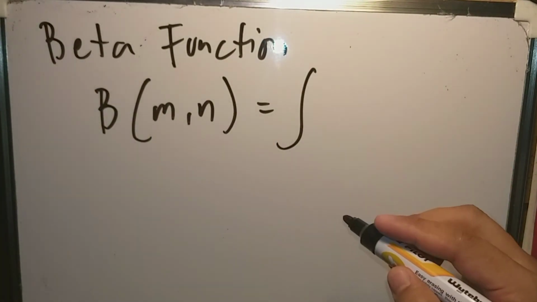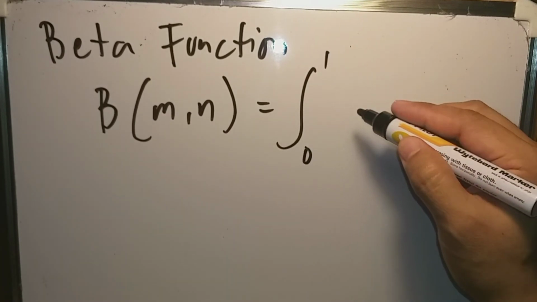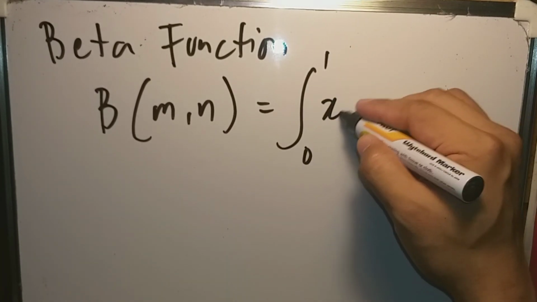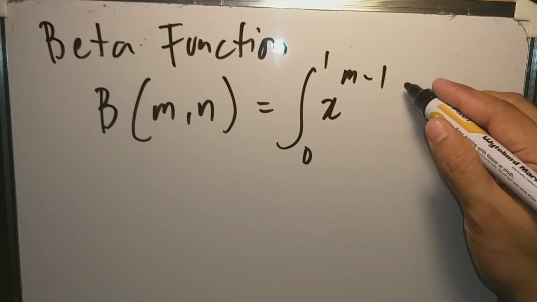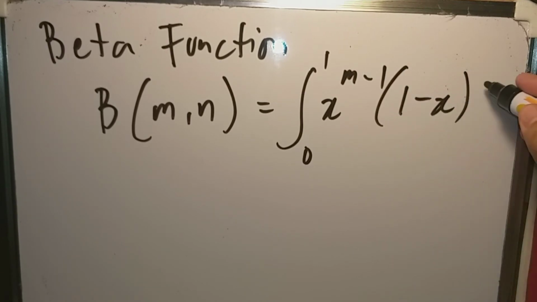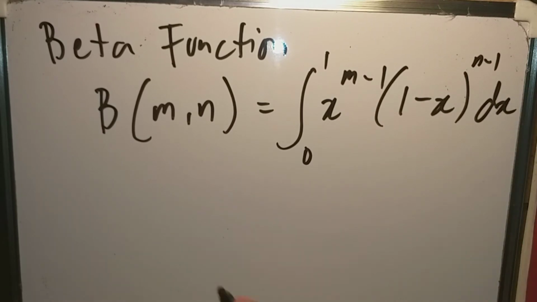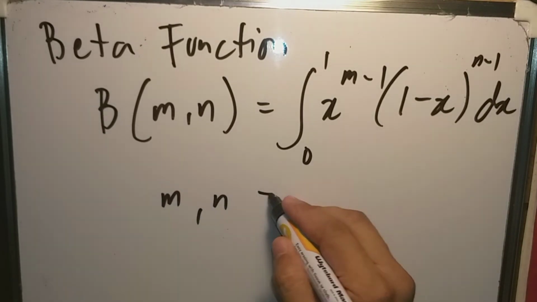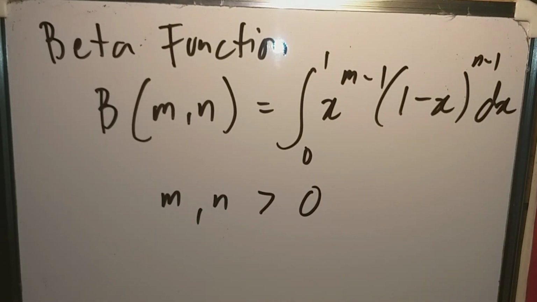So we have the integral from 0 to 1 of x to the m minus 1 times 1 minus x to the n minus 1 dx, where m and n are greater than 0.